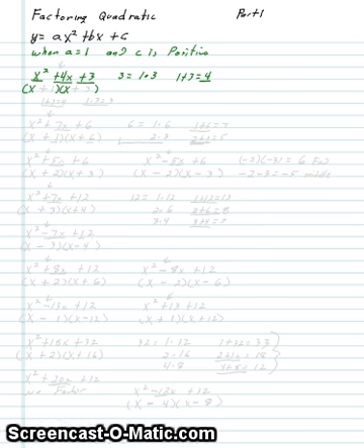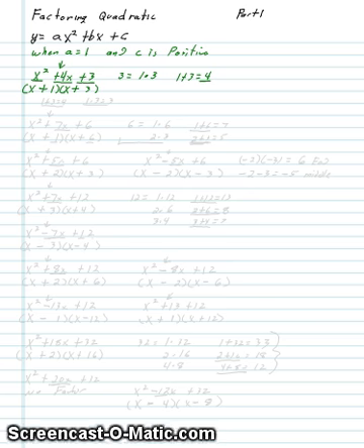The last terms will be the 1 and 3 from the factors. See, 1 plus 3 equals 4. That's our middle term. Whatever the sign is in front of that middle term will be the sign of both of the parentheses. So it's x plus 1, x plus 3.